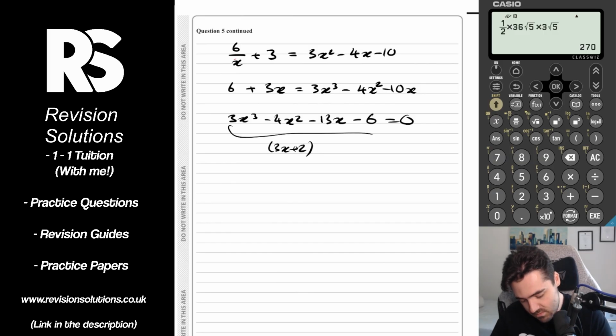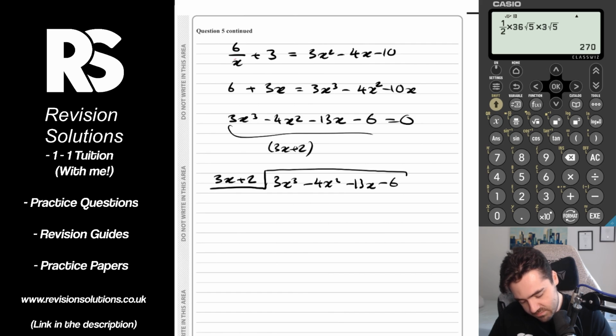So let's do that: 3x plus 2 dividing into 3x cubed minus 4x squared minus 13x minus 6. 3x cubed divided by 3x is just x squared. Multiplying through, that gives us 3x cubed plus 2x squared.